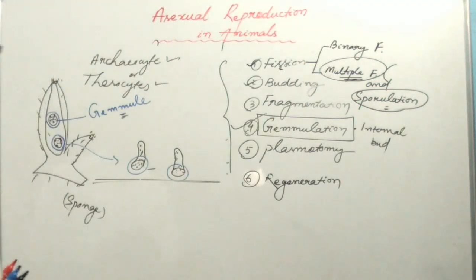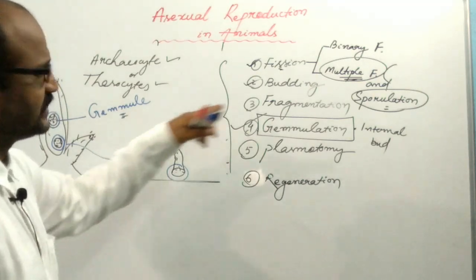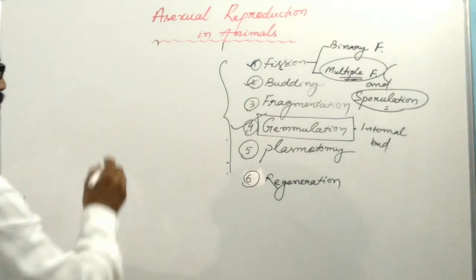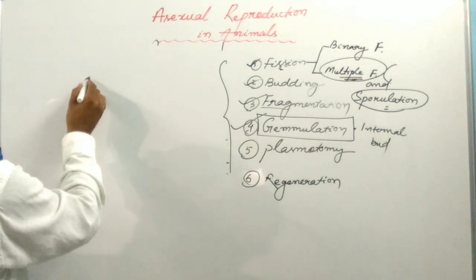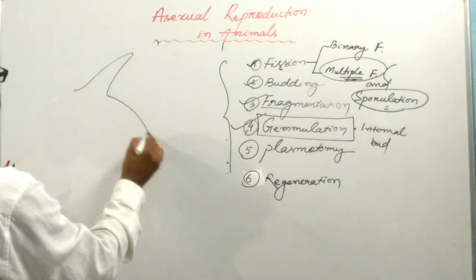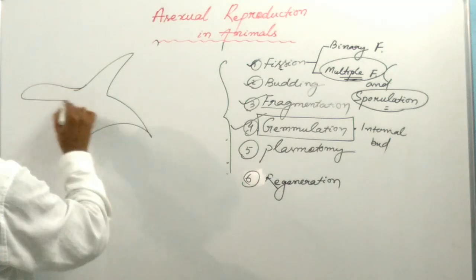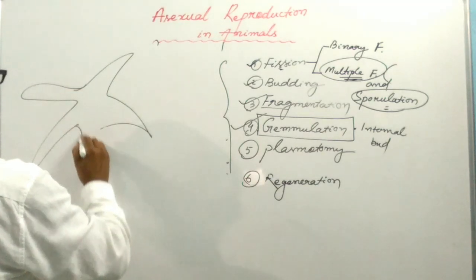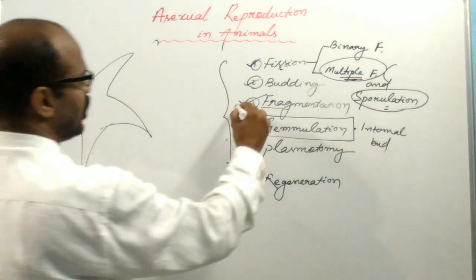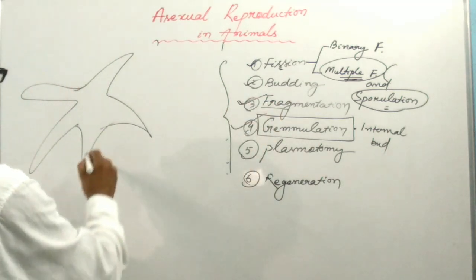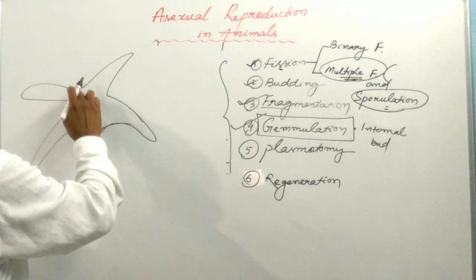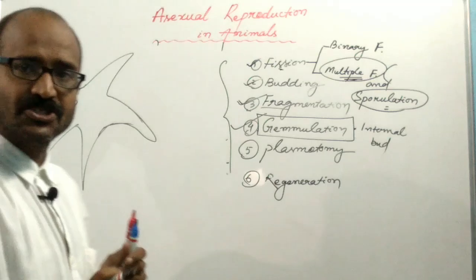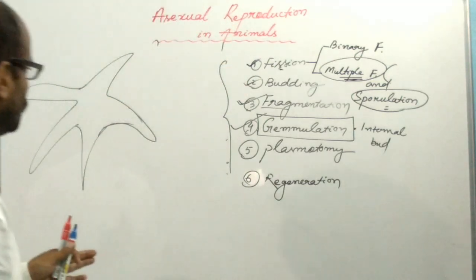Now come to another type of asexual reproduction, that is fragmentation. In case of fragmentation, if the body part is lost, then such body part is regenerated by the process of fragmentation. Such fragmentation is found in sponges, flatworms like planaria, starfishes, and some coelenterates.